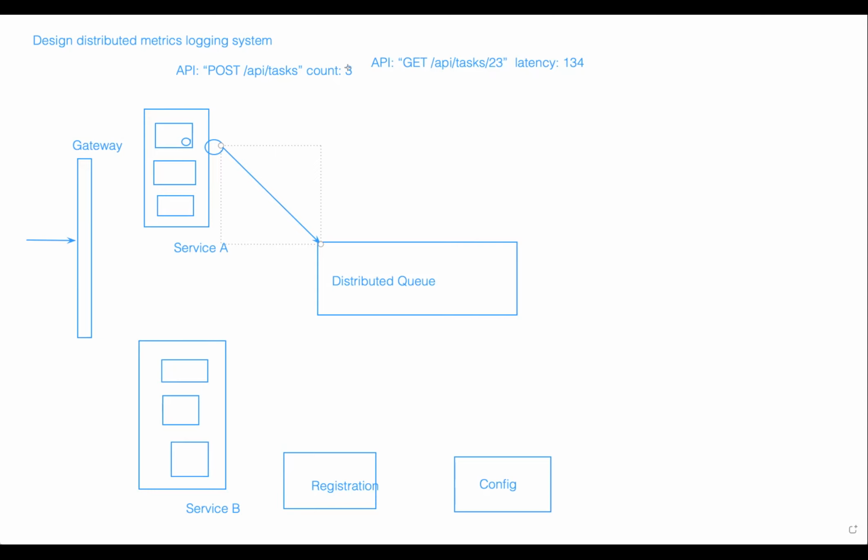The distributed queue also has multiple instances. Here the logging system is append-only, and with every write the time series data only increases. It's immutable. Once you write it, you cannot change the history, so it's basically intact. Our system needs to handle heavy writes, so it's pretty much a heavy write system.